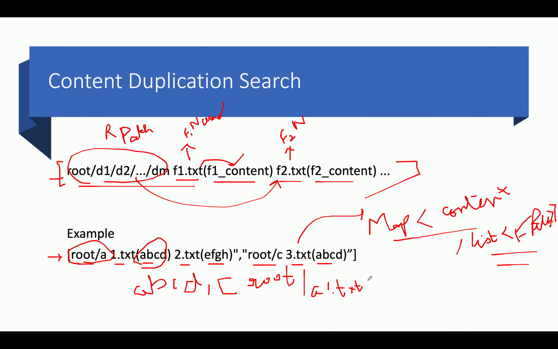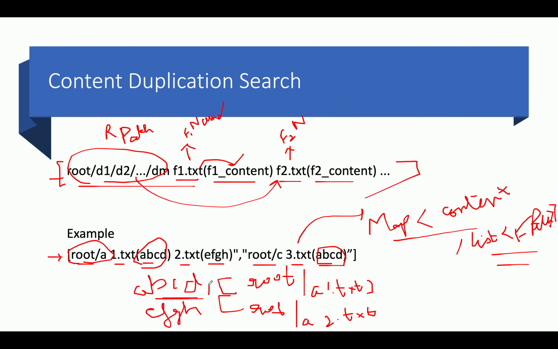Let's move to the next iteration. We have 2.txt efgh. So we'll add efgh and root-a 2.txt. And for the next entry, we will observe that the file content is the same and the map already has abcd as the content.